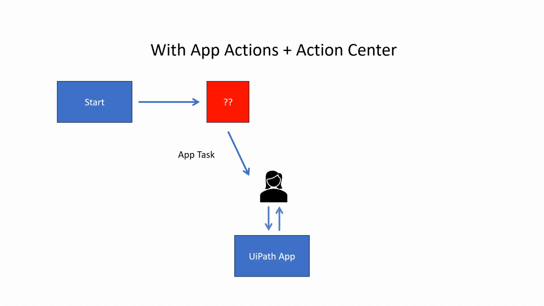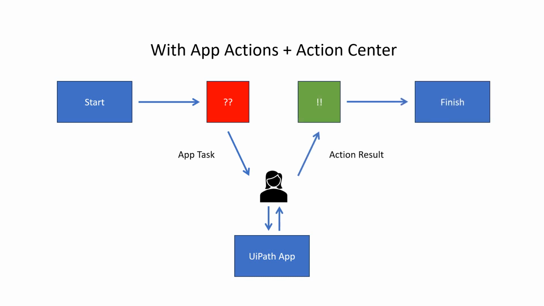But what you show to the user now, instead of just being a static image of some version of reality at some point in time, you can now show them an app. So in that app, you could be doing work for 10, 15 minutes, doing all kinds of operations before you are actually ready to make a decision on what kind of action result you send back to the main process. So the user interacts with the UiPath app, and the action result goes back to the main process, and the process can then continue. This is really, really cool because this much more closely emulates how we as humans work with complex processes. So it's really, really exciting.